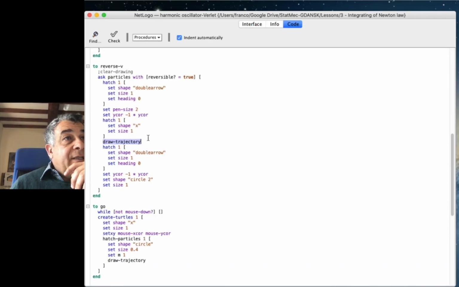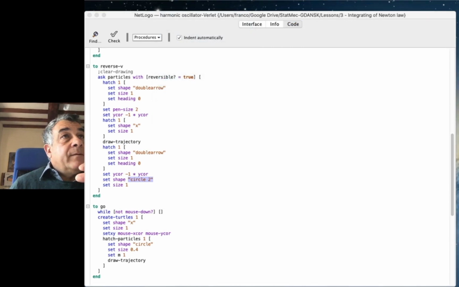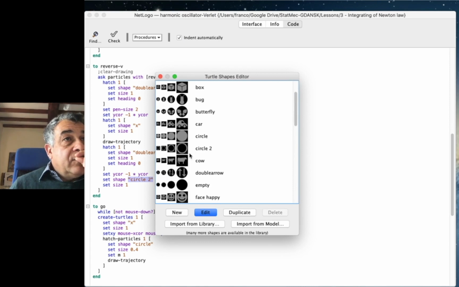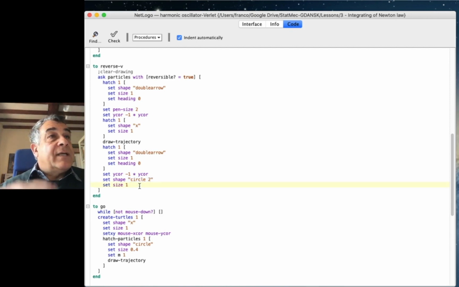And finally, I ask to take a new shape, which is an empty circle. This one, turtle shape editor. Circle 2 is an empty circle, this one. And then finally I change a bit the size so to have a large enough circle.